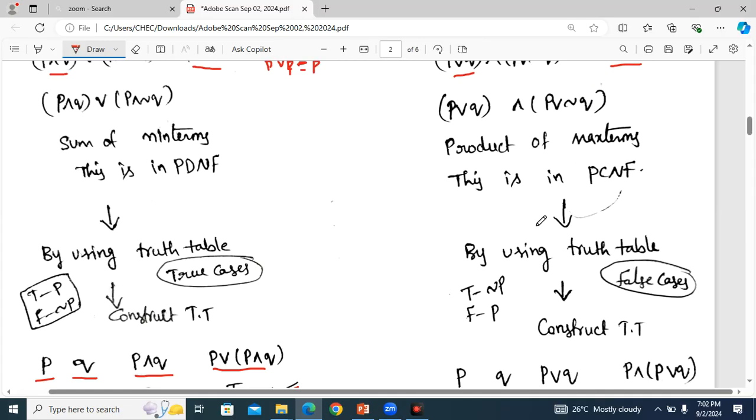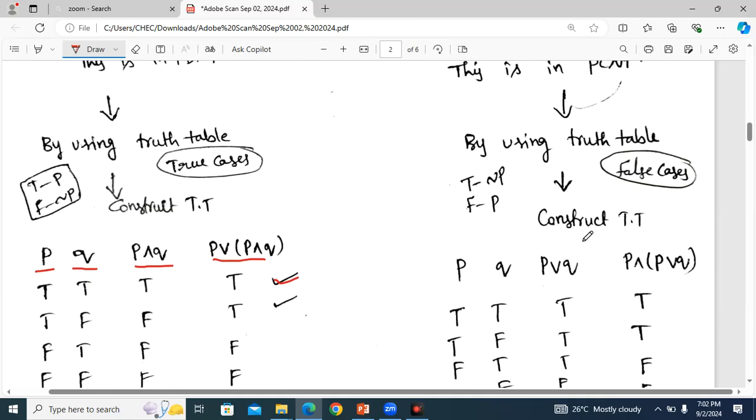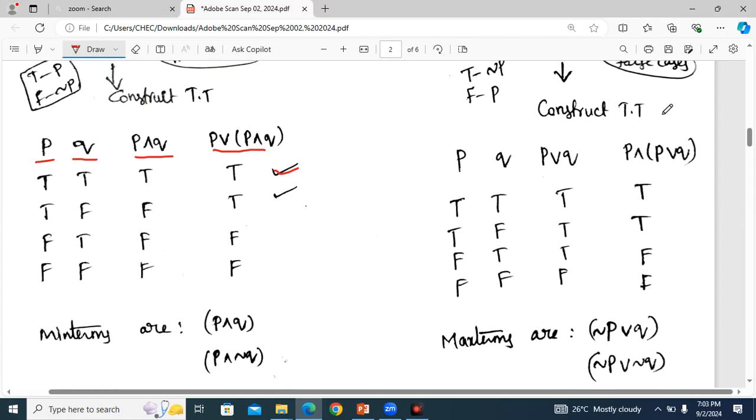Okay. Now we prove the same example using a truth table. In PCNF, we consider the false cases. Here true stands for the negation of the variable and false stands for the variable. Now we construct the truth table for the given compound proposition, which has two variables.